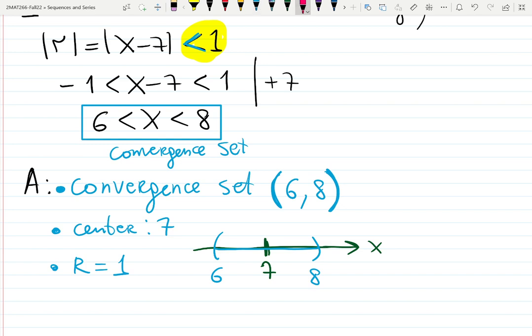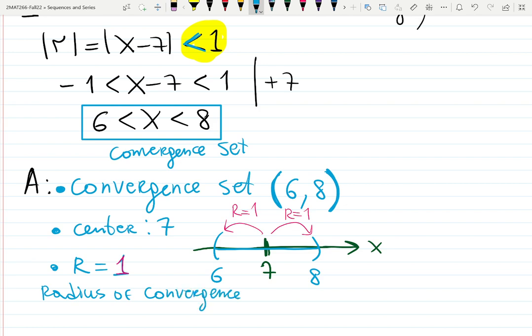What is the step size between those 2 points? From 6 to 7, you have what? 1. From 7 to 8, you have what? 1. This is the way you can detect the radius of convergence. Let me review it again. It's called the radius of convergence.